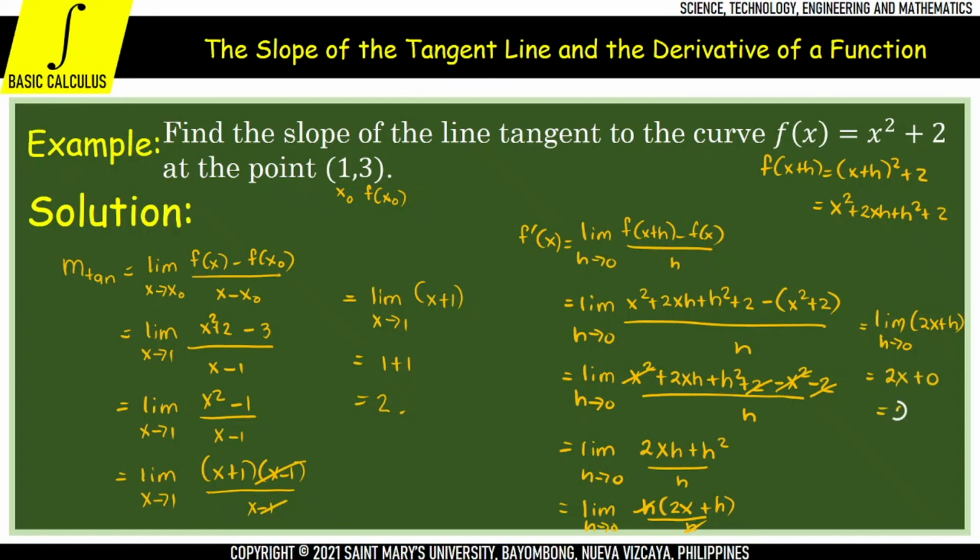Next, that is equal to 2x, which means that we have to further evaluate f prime of positive 1, which is equal to 2 multiplied by 1, and that's equal to 2. From our given example, we have shown here that the slope of the tangent line is also equal to the derivative of the given function evaluated at x equals positive 1.